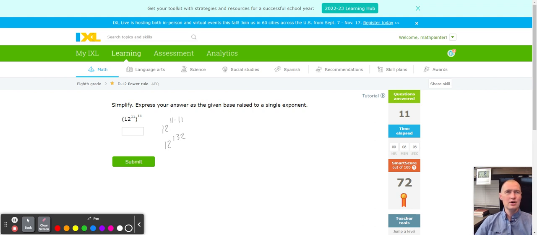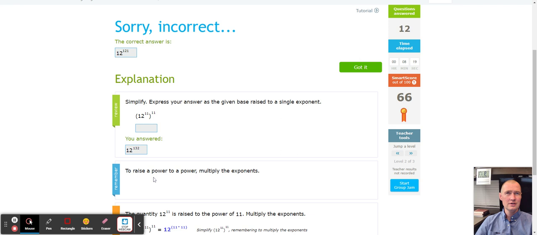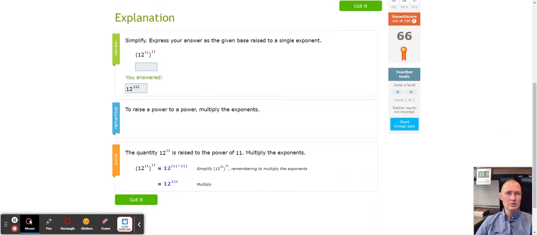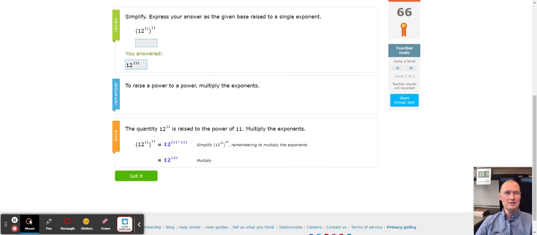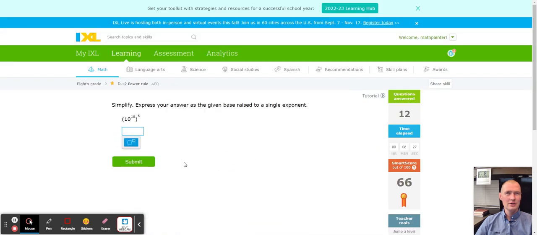So 12 to the 132nd power. Woo! That thing is huge. So again, I'm taking my time, just checking it, because being accurate is important. And it was 121. See, it happens when you make a mistake, right? All right, so we're going to catch up.